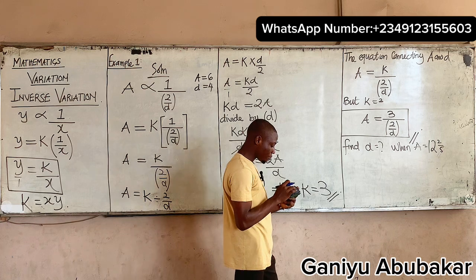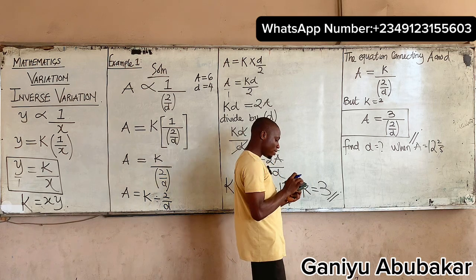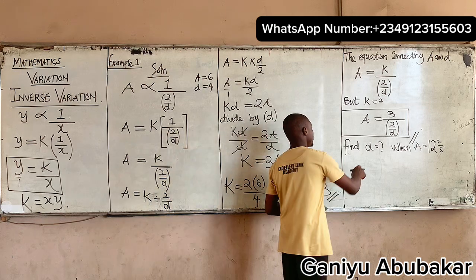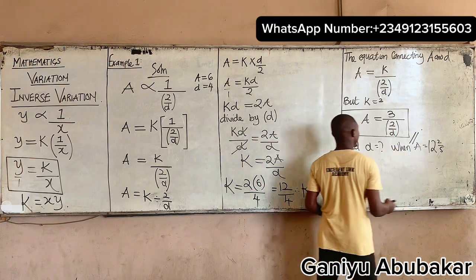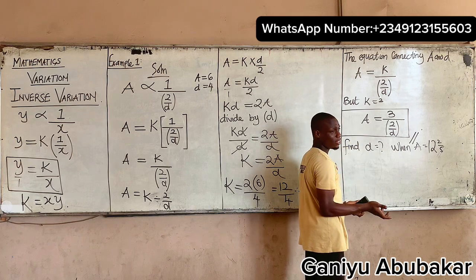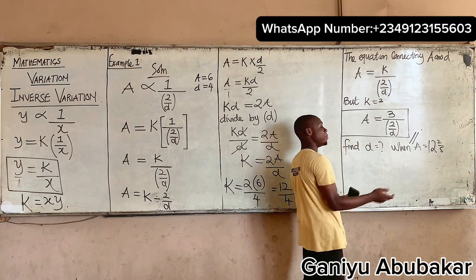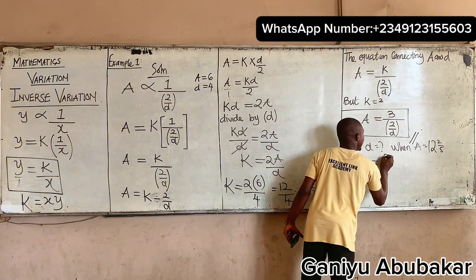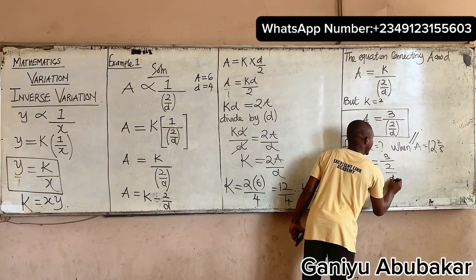The task is that I'm asked to find d when a is this. It's easy. When it comes to finding all this stuff, go back to your equation connecting them. That's it. From here now, I have that a is equal to 3 over 2 over d.